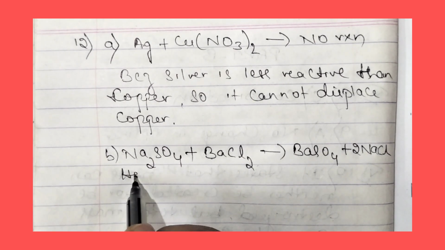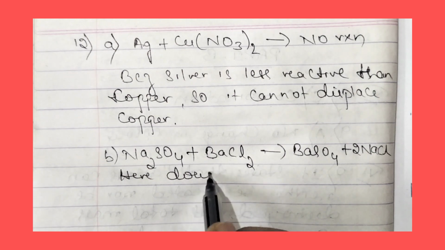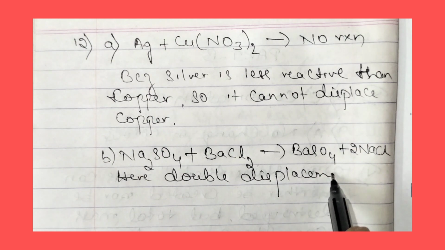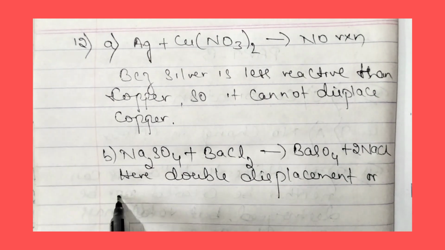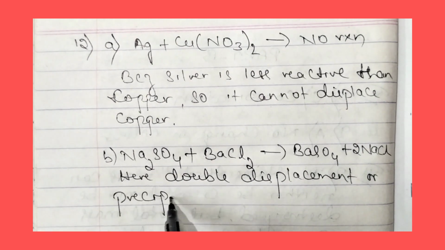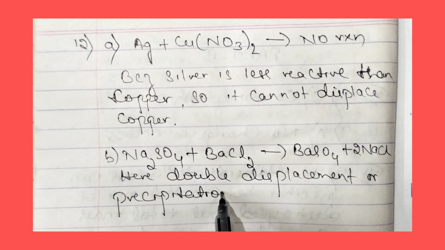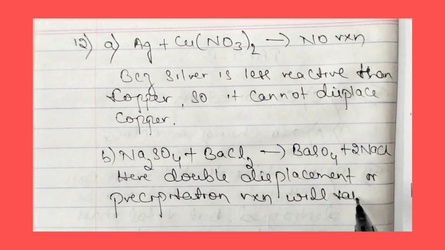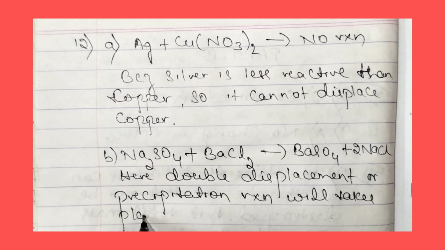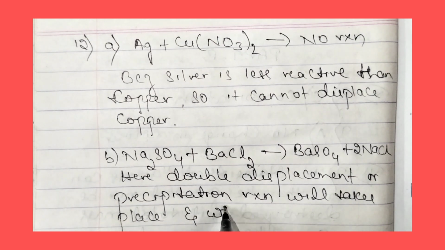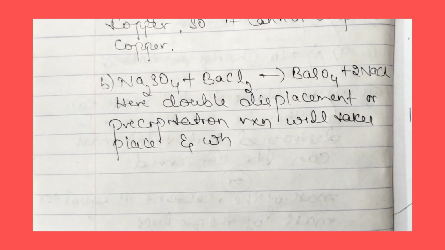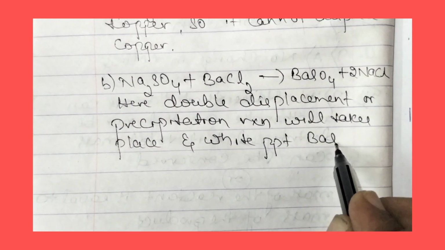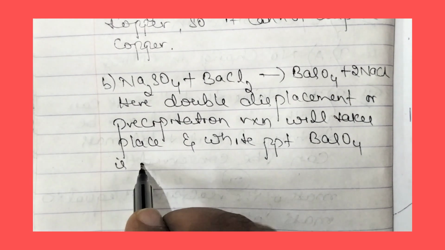So a double displacement or precipitation reaction takes place and white precipitate barium sulfate is formed.